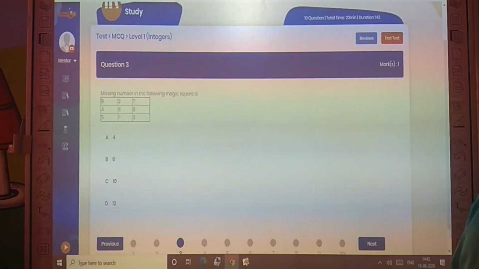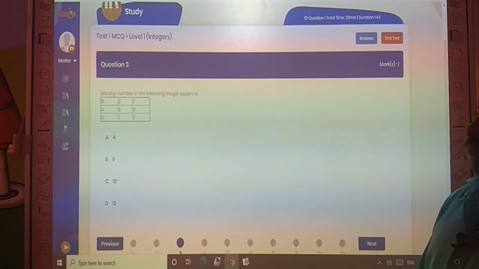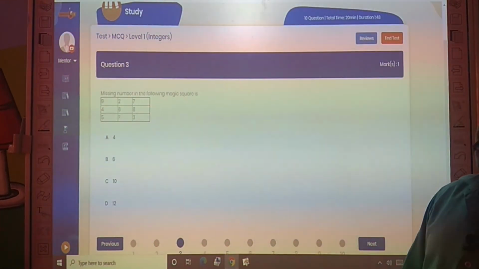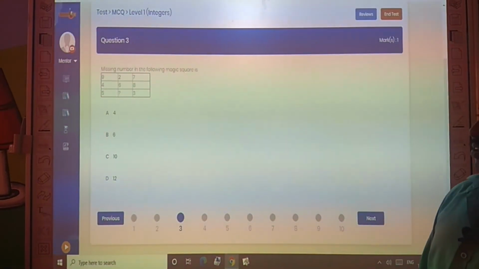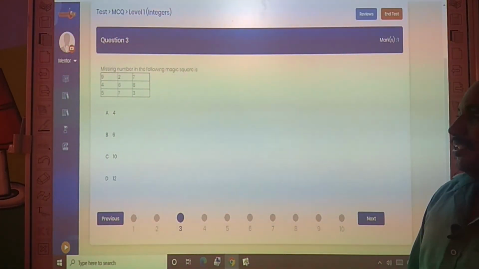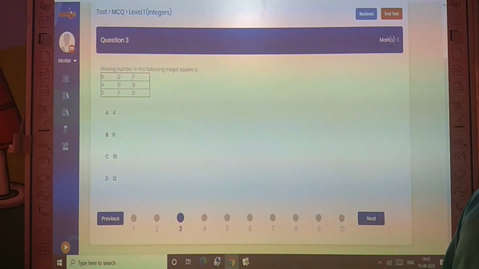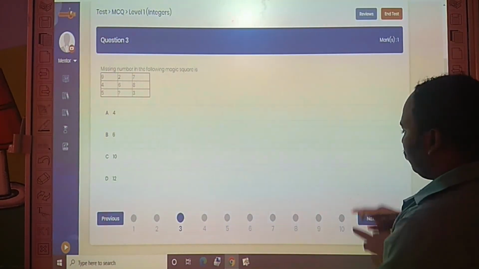Then the third one, the missing number in the following magic square: A 4, B 6, C 10, D 12.